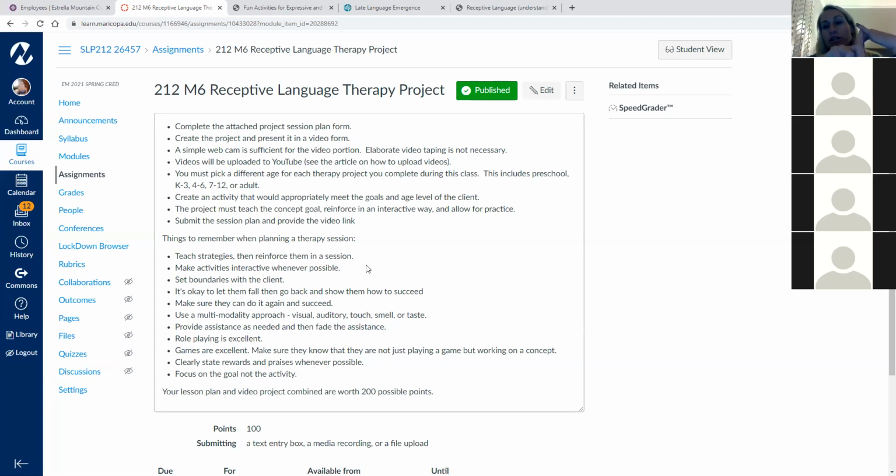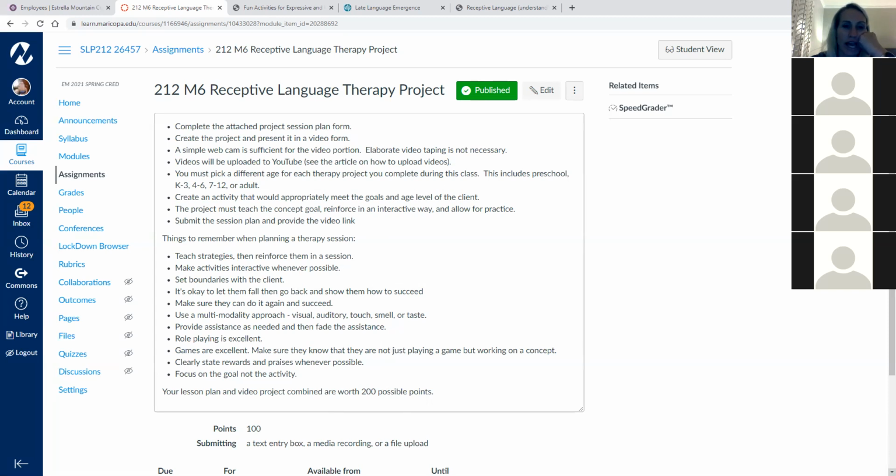I'll have the choice of goals and then the template form that you can use. And I did change that: it's not 200 points, it's 100 points. Sorry, it must have loaded the old one. It used to be worth more. We reduced some of the points on this one this past year.